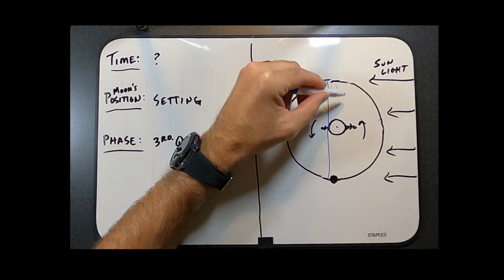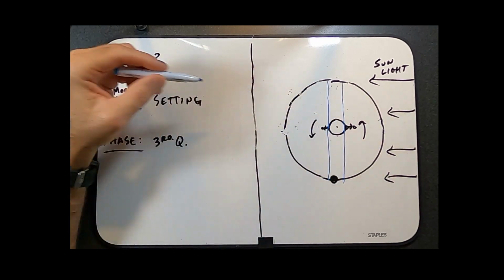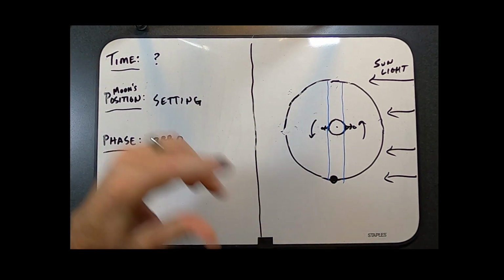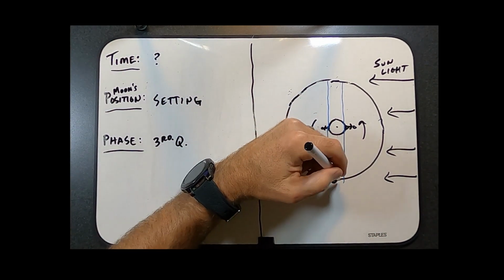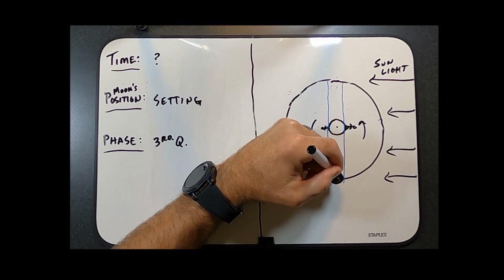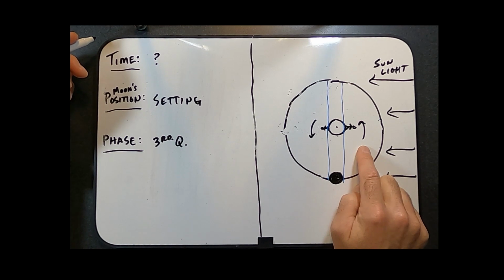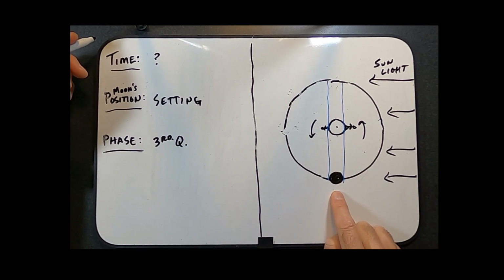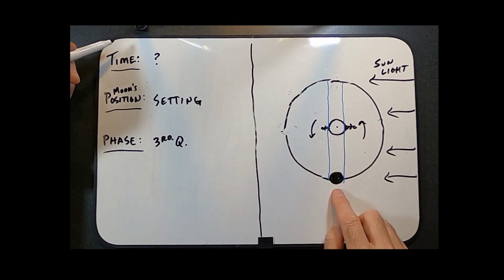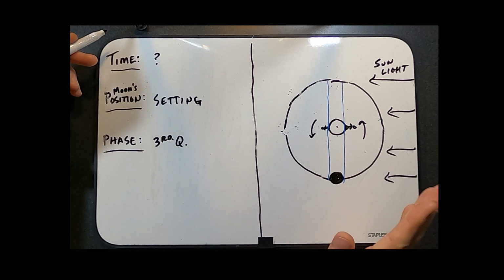This person right here is going to have the moon, and let's make the moon bigger to make this realistic, on the horizon, but they're turning away from it. So this person is turning towards the moon. This person is turning away from the moon. This person sees the moon rise. This person watches the moon set because they're turning away.